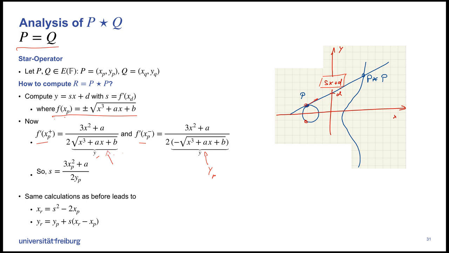For both solutions, you have yp in the denominator and even with the correct sign that you need. So you get rid of that. And now you have, for the slope, this simple formula which basically doesn't use the derivative anymore, but just uses the coordinates.